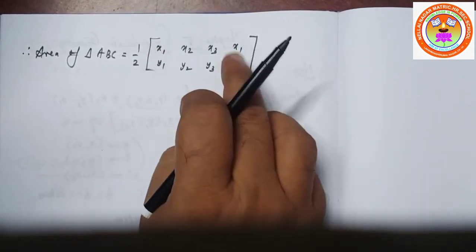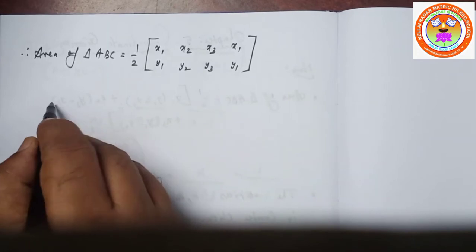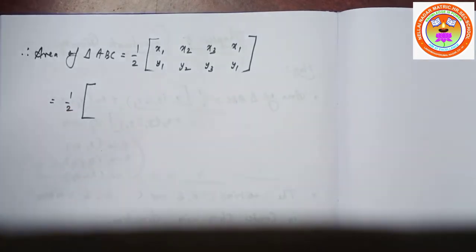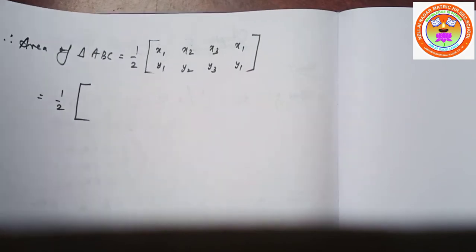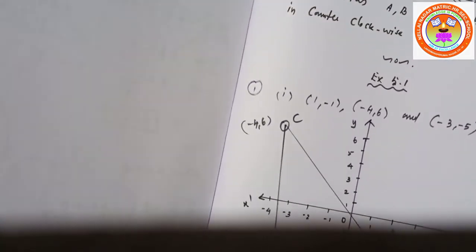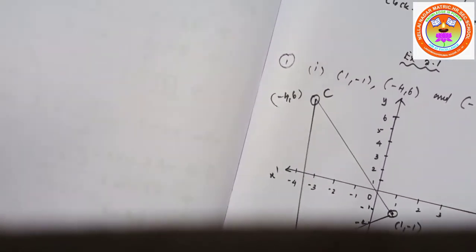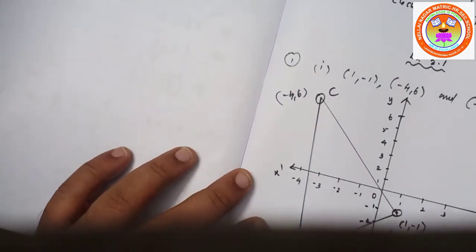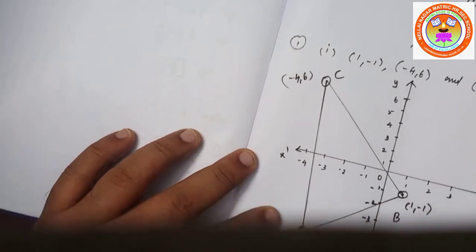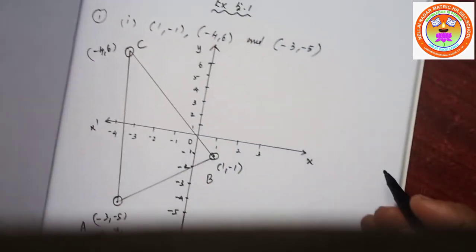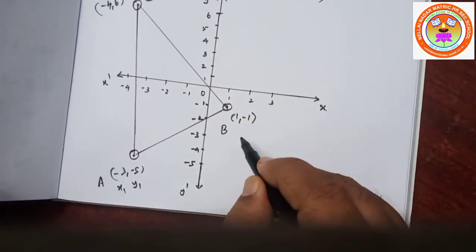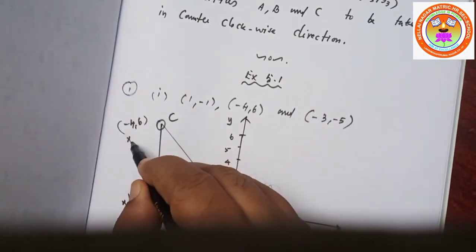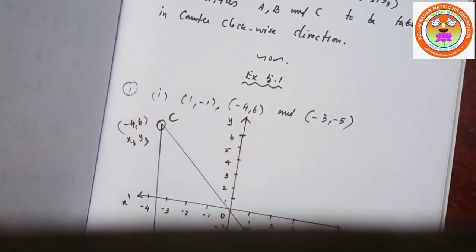The first and last must be same. That is equal to half into x1 y1, that is point A, x1 y1, x2 y2, x3 y3. I note down here x1 y1, this is x2 y2, this is the point x3 y3.